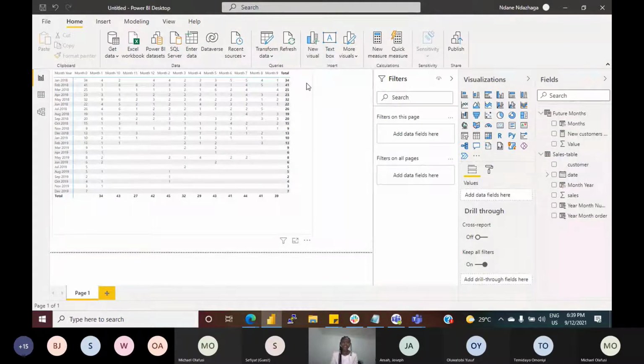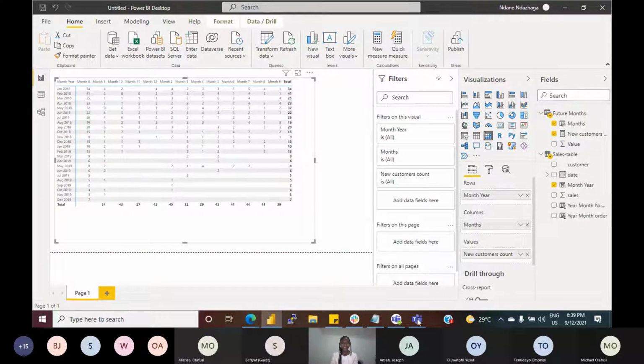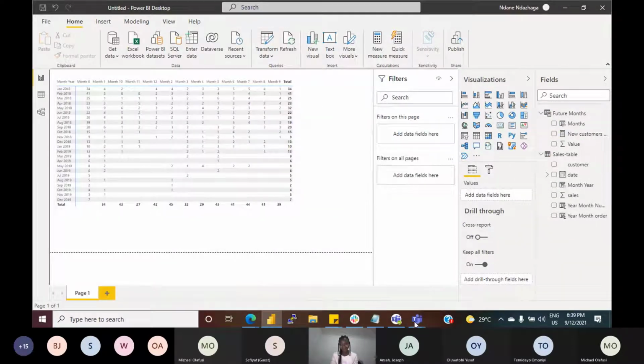Yes, please, if you've gotten a matrix like mine, kindly raise up your hand so that I will clap for you. You've just created your first cohort analysis.